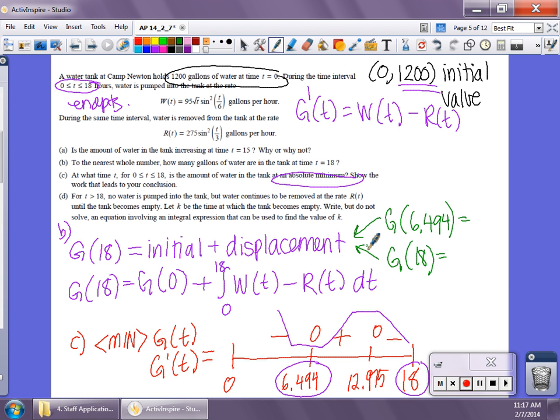All right. Part D. So after 18, you keep taking away water until it becomes empty. Let K be the time at which the tank becomes empty. Write but do not solve an equation involving an integral expression that can be used to find the value of K. So that one was pretty easy because you didn't have to actually do anything with it.